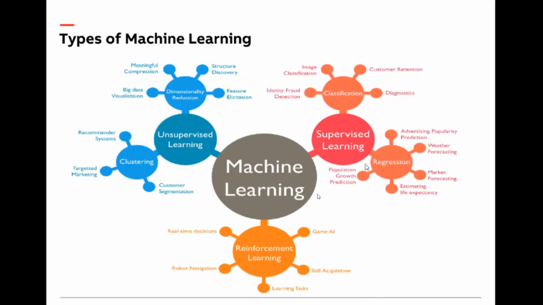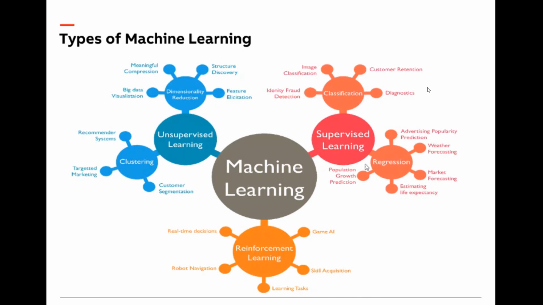So this slide is all about types of machine learning. Machine learning is mainly of three kinds: supervised machine learning, unsupervised, and reinforcement learning. In supervised learning, there are basically two types: classification and regression. Classification is the kind of scenario where we have to predict between two cases.